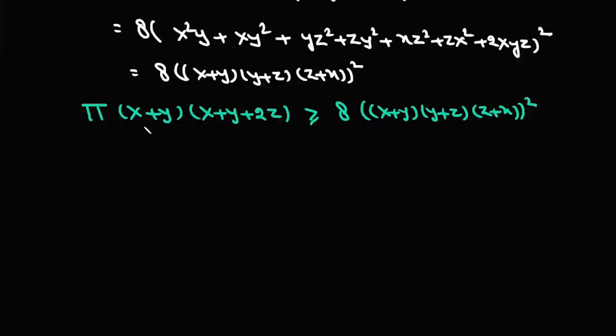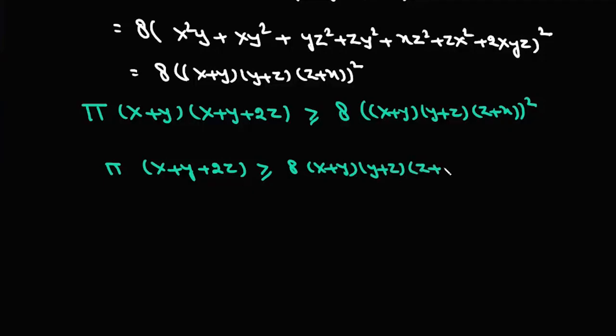Now we know that this pi x plus y is x plus y into y plus z into z plus x, which will cancel one time. So we can write pi x plus y plus 2z, it is greater than or equal to 8 times x plus y, y plus z, z plus x, which is what we need to prove.